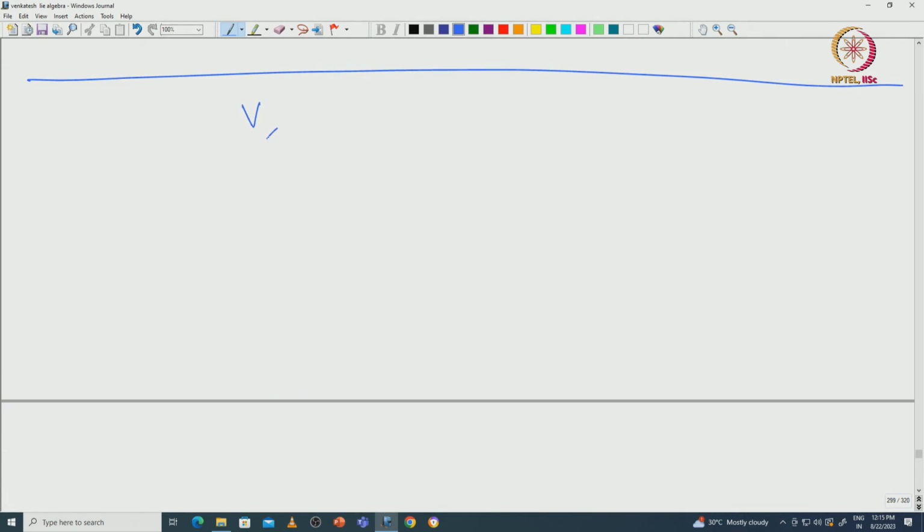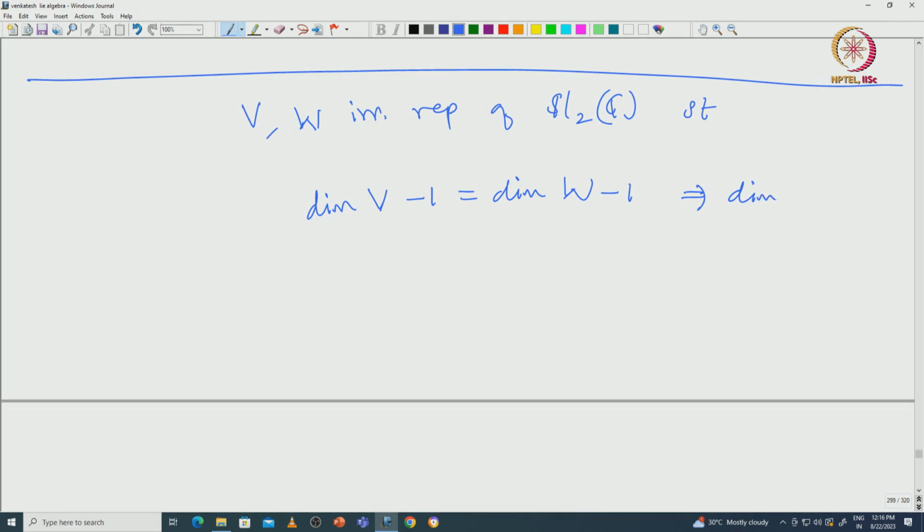we have, let us say, two irreducible representations V and W of sl2C such that the dimension of V minus 1 is the same as the dimension of W minus 1. Then that will imply that the dimension of V equals the dimension of W. Okay.